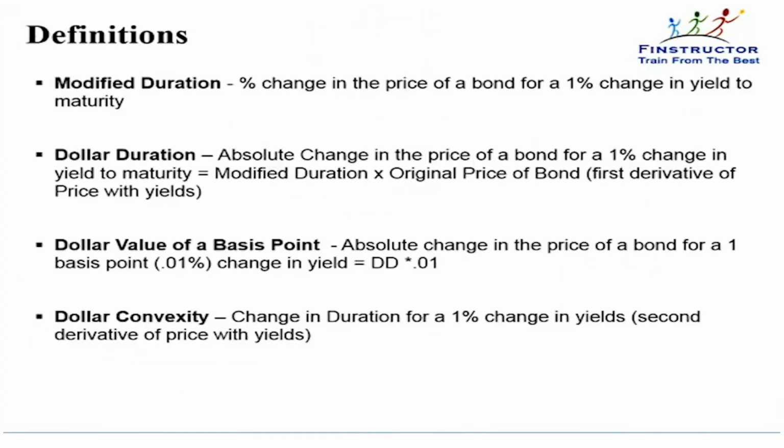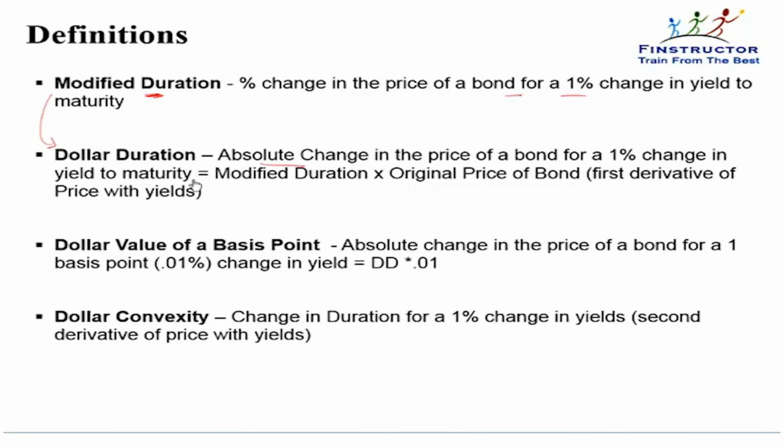So once again, modified duration is defined as the percentage change in the price of a bond for a 1% change in yields. A related and similar concept is called dollar duration. That is the absolute change in the price of a bond for a 1% change in yield.